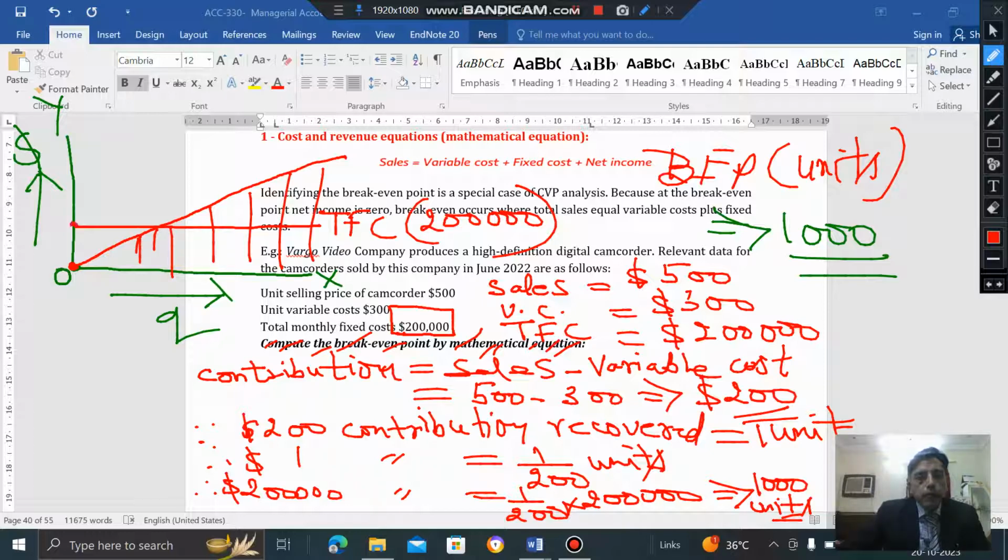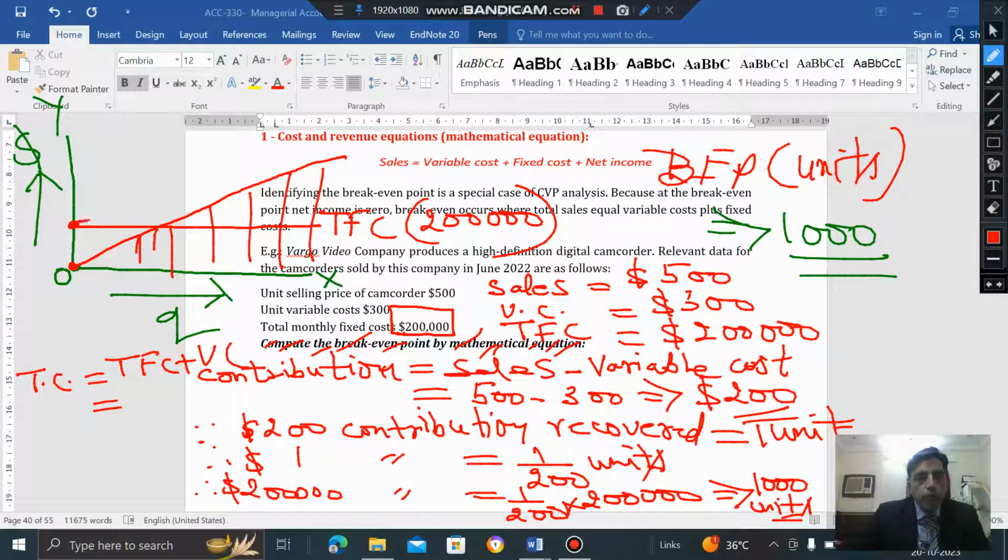From this point is very important, because it is the starting point of your total cost. So total cost is equal to what? Your total fixed cost plus variable cost. If you are not producing any product, still there will be some cost. That is what is known as the total cost.